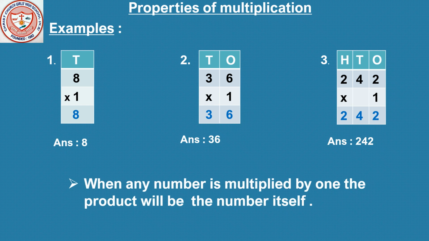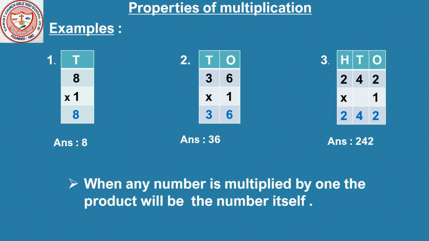Look at these examples. 8 into 1 is equal to 8. Here we multiplied 8 by 1 and we got the answer 8. It means the number itself. Similarly, 36 multiplied by 1 and we got the answer 36.